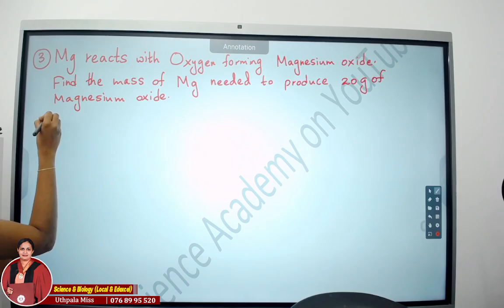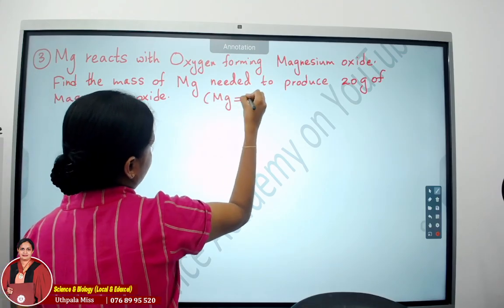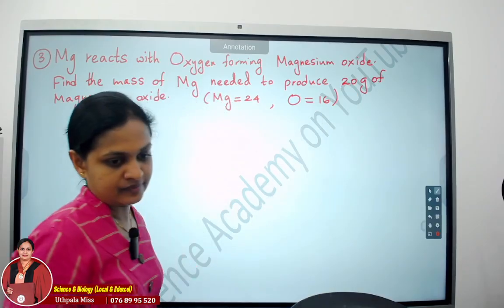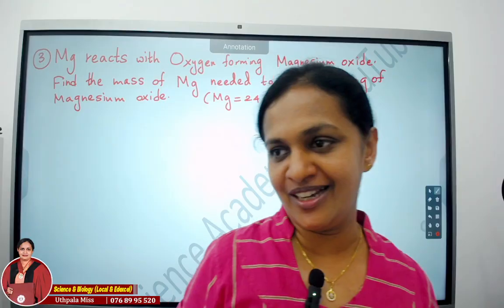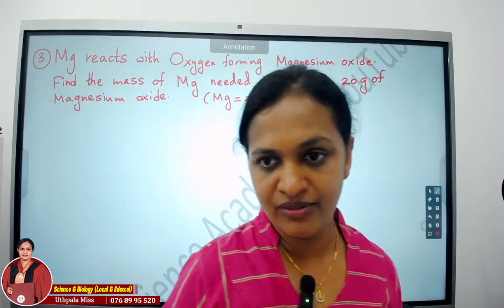So you are given the relative atomic masses. Magnesium equals 24, oxygen is 16. ඒවා පාඩම් කරන්න ඕනේ නැහැ. They will be given as data even in the O level paper. හරි. videos on කරලා හදන්න හැමෝම.